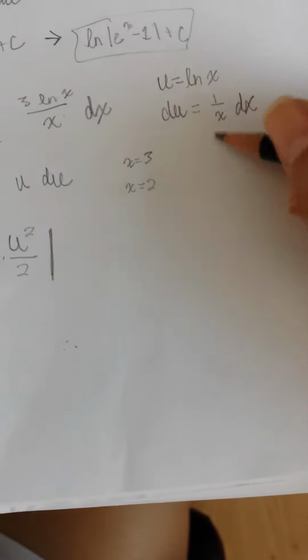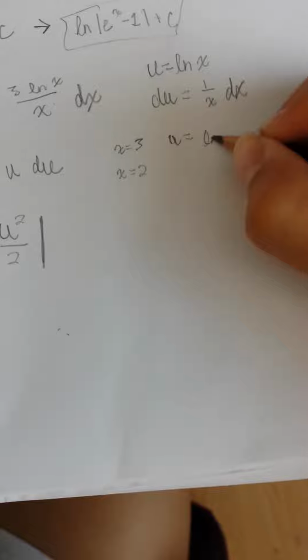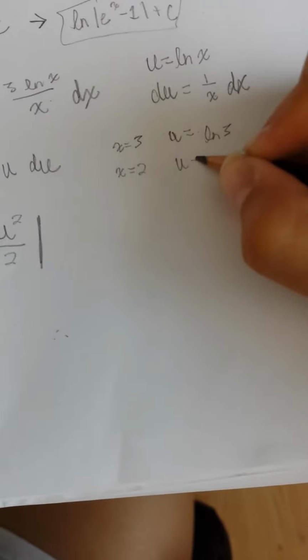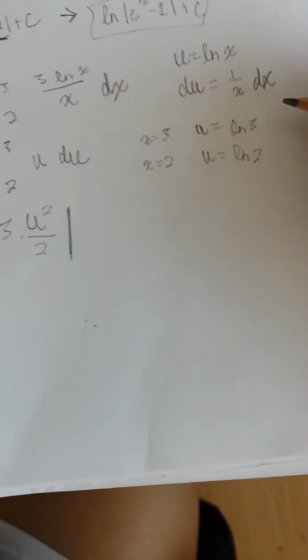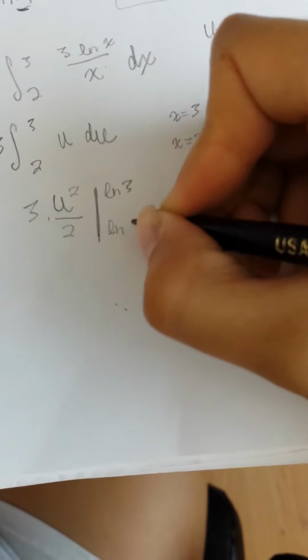What you do is you plug them into this u equation, so then you get u is equal to ln 3, u is equal to ln 2. These are your new bounds. Okay, ln 3, ln 2. So to go on to the next step, you need to subtract your bottom bound from your top bound.